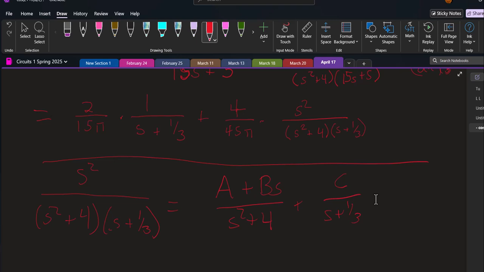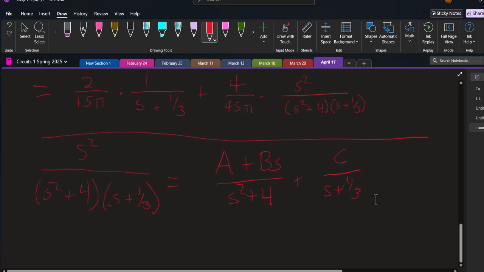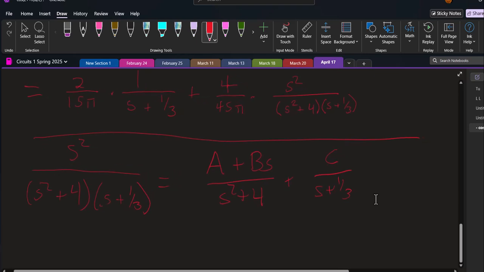If it's a quadratic, you have a constant plus bs, or a constant plus a linear term. And if you had multiple linear terms, like if I had s plus 1/3 squared, I'd have c over s plus 1/3 plus d over s plus 1/3 squared.